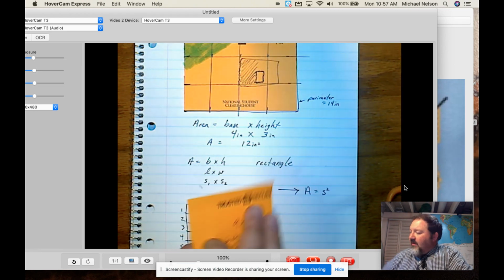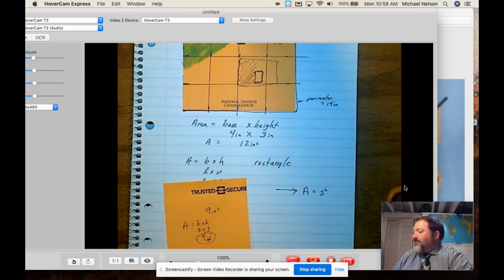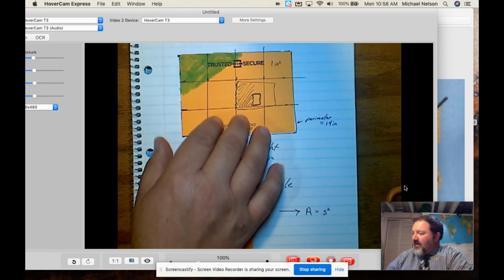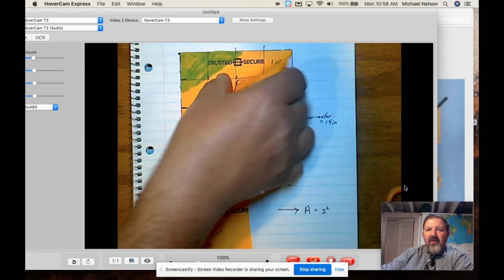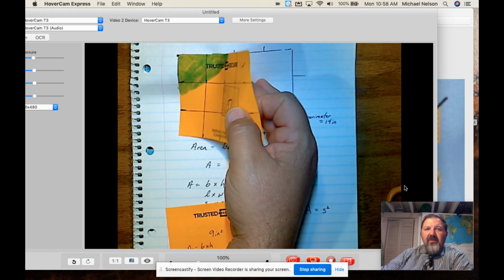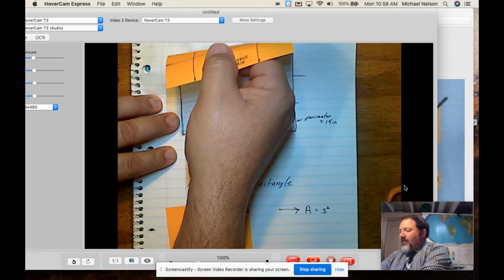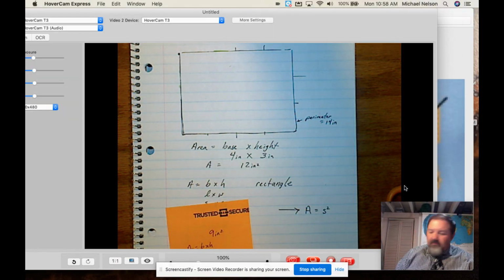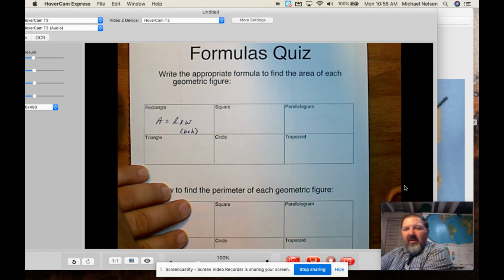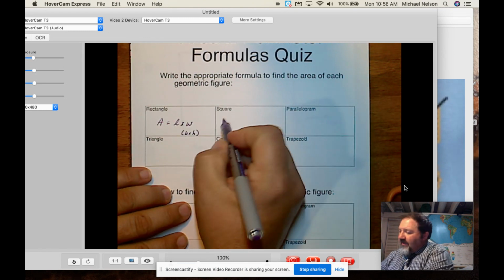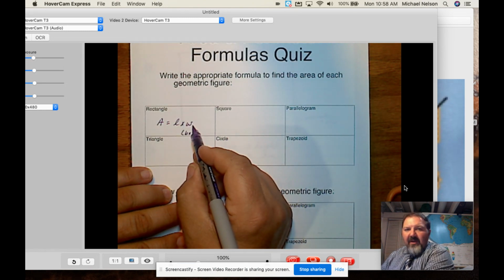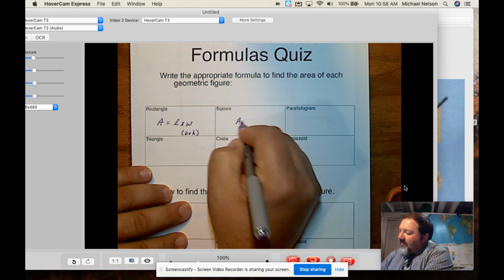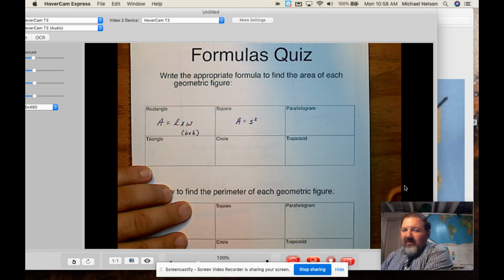Okay, we've gotten a pretty messy paper here already, but I want to use this same rectangle here to demonstrate the next part. So we have 2 formulas listed already. Better get that down on my paper too. We have area equals length times width. Square could be the same thing, but it's got a special formula where you just square the sides.